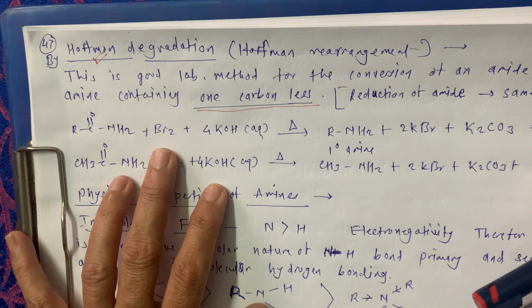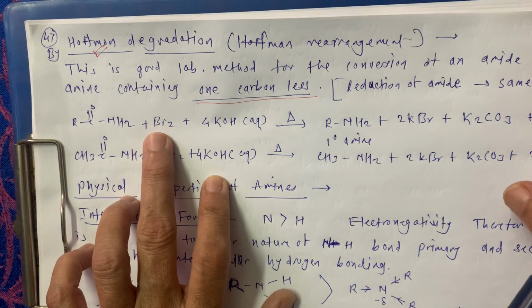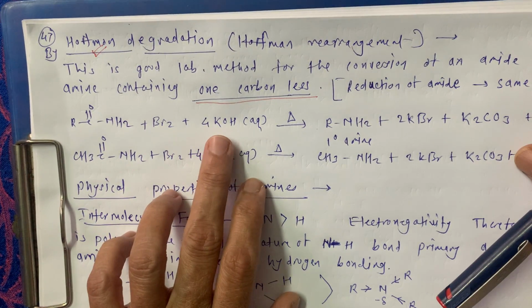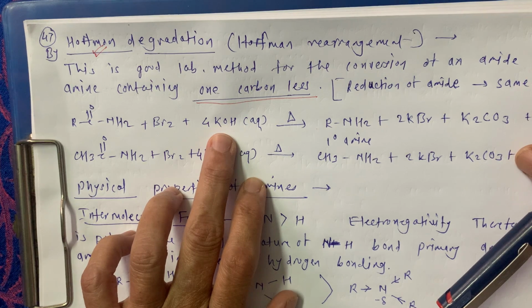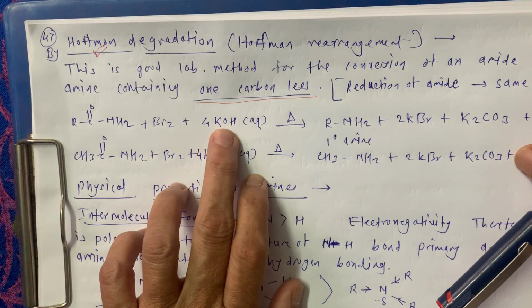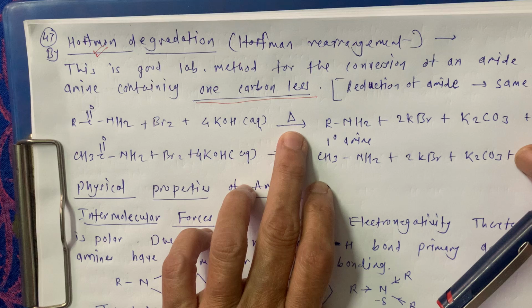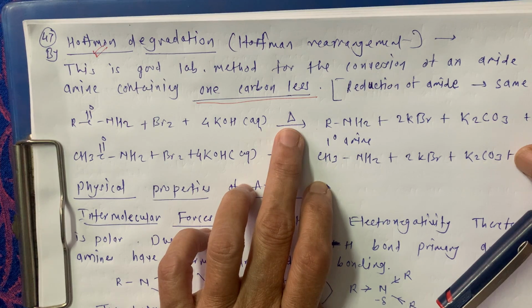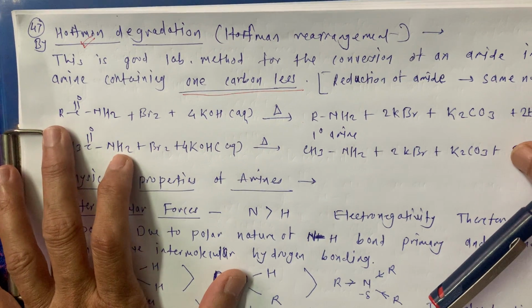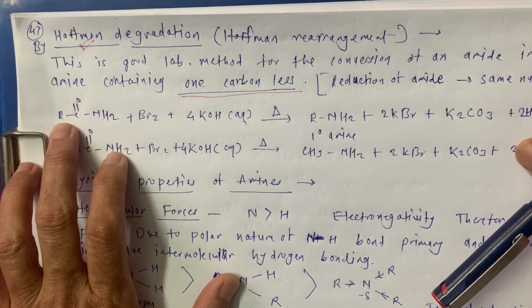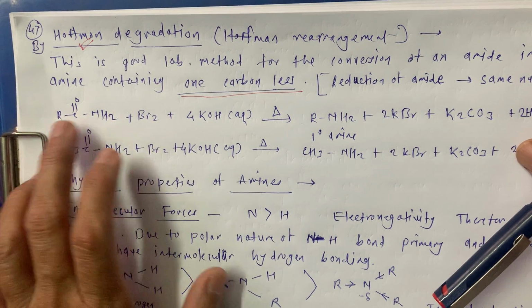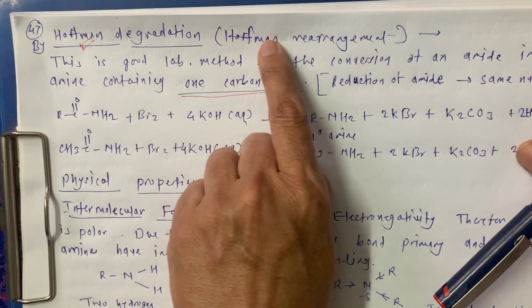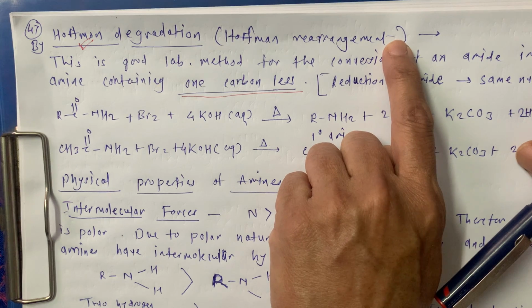So what we have to use for this? We have to use bromine and aqueous KOH. Remember, bromine and aqueous KOH, and we are going to provide heat over here. And what is going to happen? This is a rearrangement, so this is also called Hofmann rearrangement.